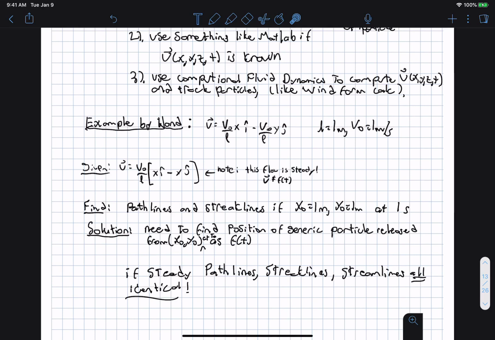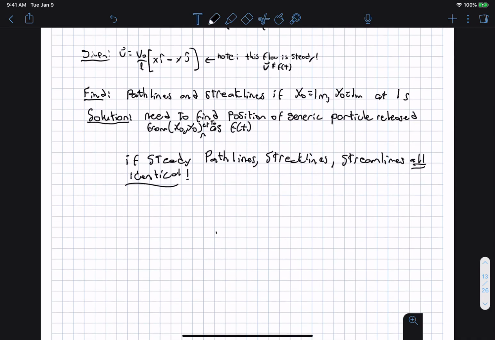So we solve dx/dt for the particle equals u, and that equals v naught over L times x, because that is the x component of the velocity.